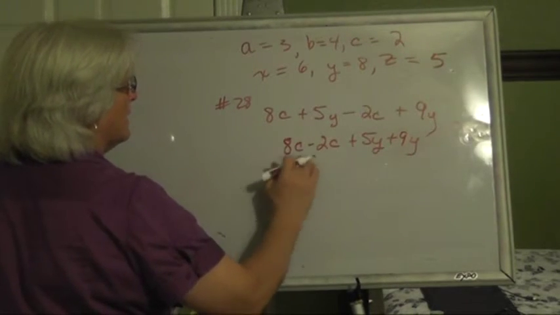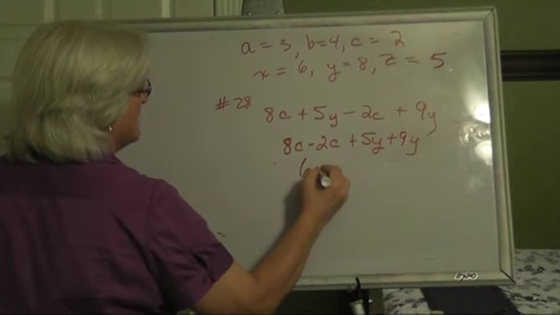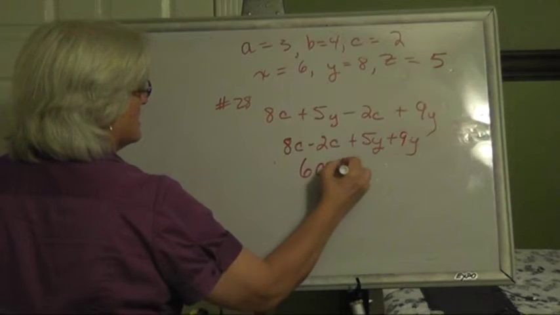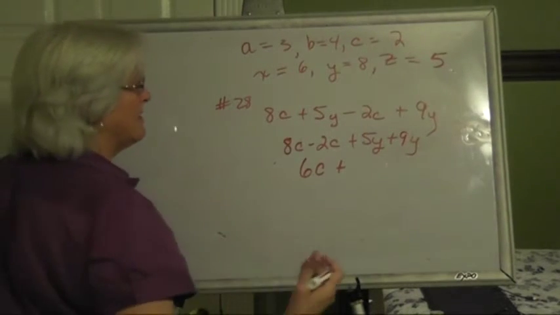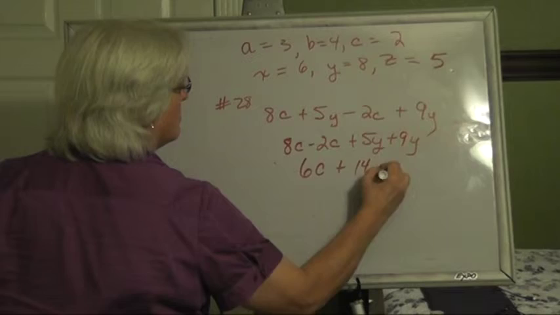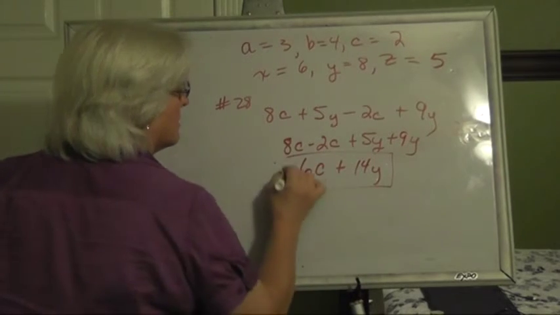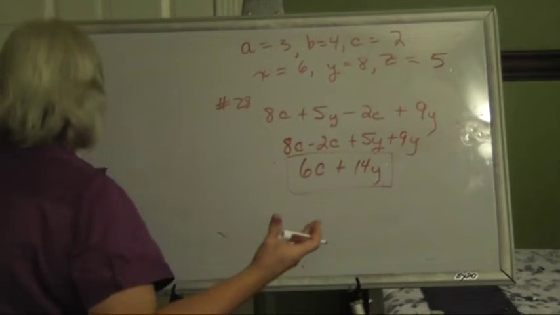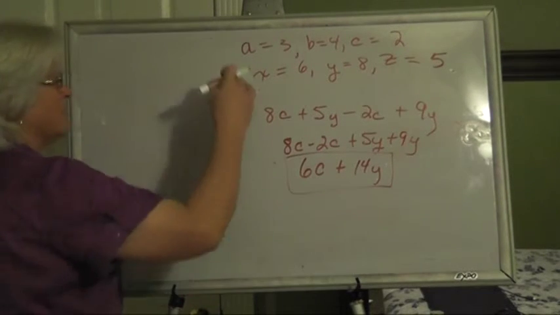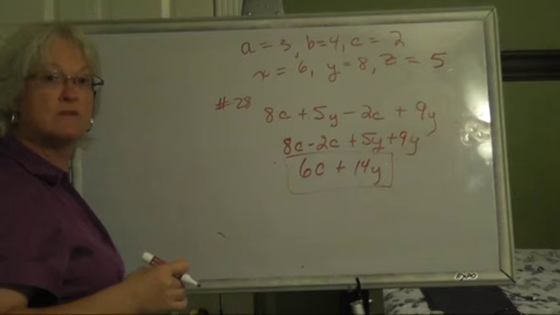We're going to combine the coefficients. 8 minus 2 is 6c plus 5y plus 9y. 5 plus 9 is 14y. This is a simplified expression, but is this all we're supposed to do? No, this says then evaluate for these values of the variables.